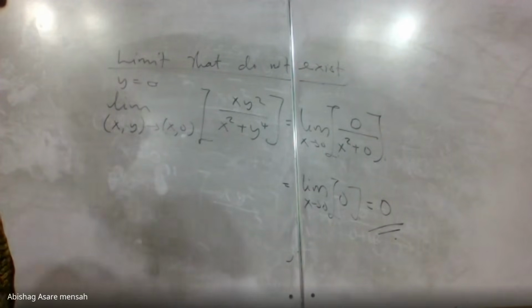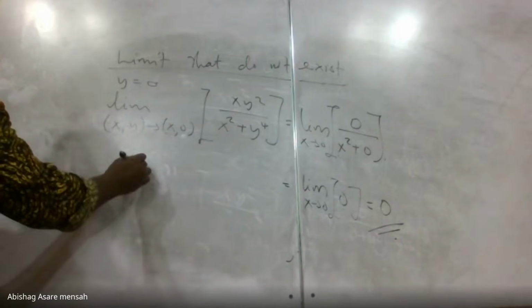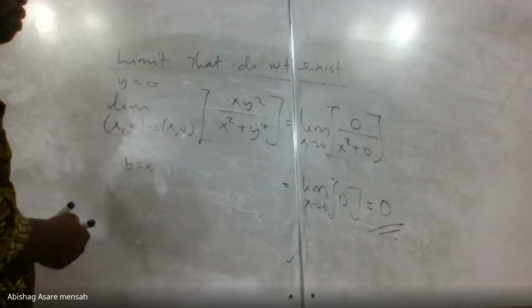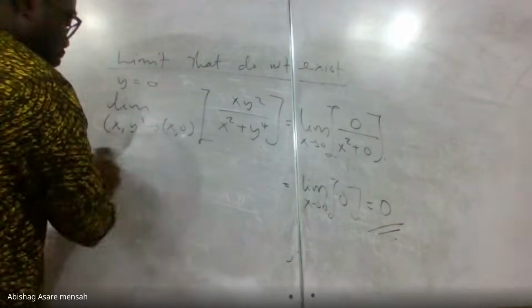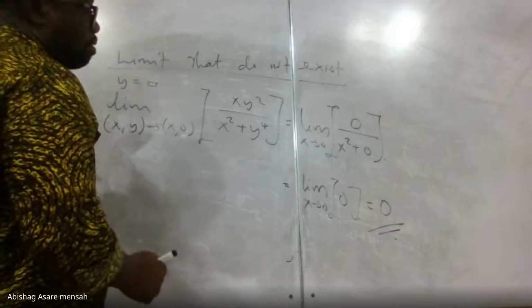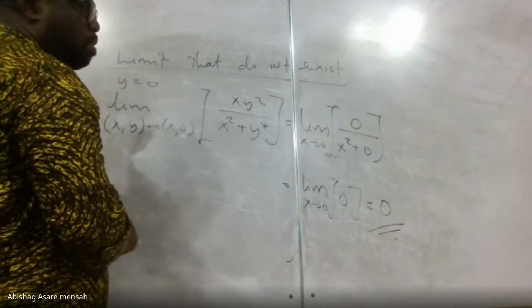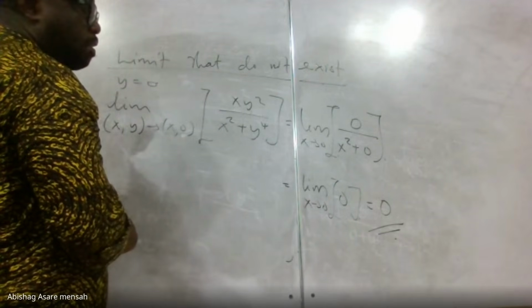Do another test. And the test, we saw that the one that we did first, we said that y is equal to x. But this time, look at the function given to us. Look at the function. So if we let x is equal to y squared, it will be easy for us to do our cancellation.